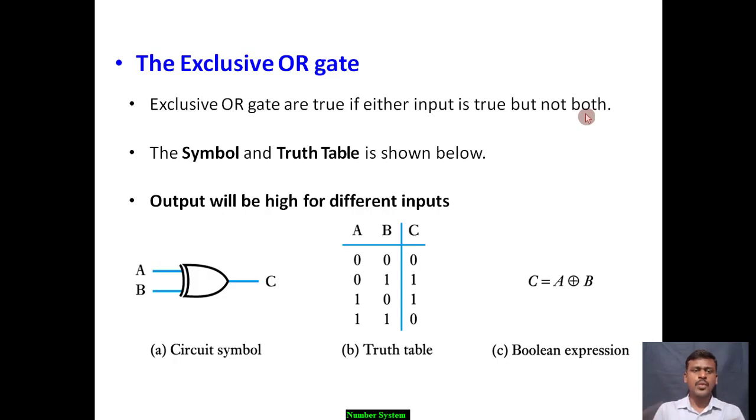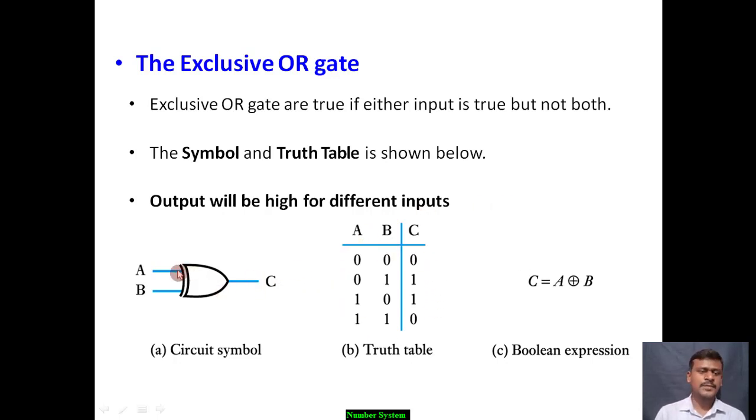If any one of the inputs is 1 0 or 0 1, then the output will become 1. And here is the circuitry symbol for exclusive OR, the truth table for exclusive OR, and the Boolean expression for exclusive OR, which is A plus with a circle, B, right?